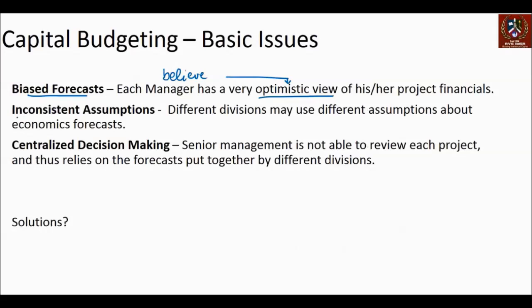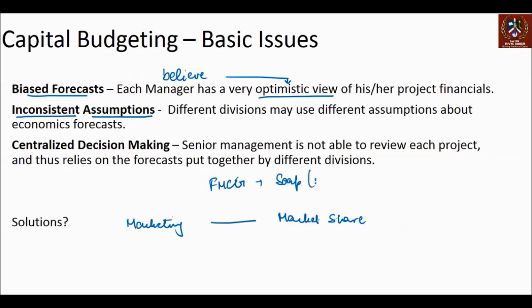This would also sometimes be plagued by what is called inconsistent assumptions, right? There could be two divisions in the firm. There could be a marketing division that's making one assumption about the market share that a particular product might get, right? Let's say we're looking at an FMCG company, a fast moving consumer goods company, and they are coming up with a new brand of soap, right?